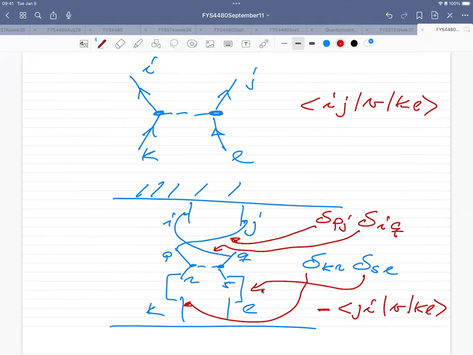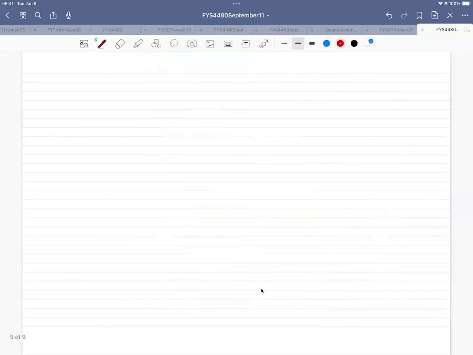Now the way we indicate that graphically or diagrammatically is as follows. We would have a diagram which looks like this. We have the previous case, given by K and L, but now we cross the lines. So every such line crossing gives us a minus sign.